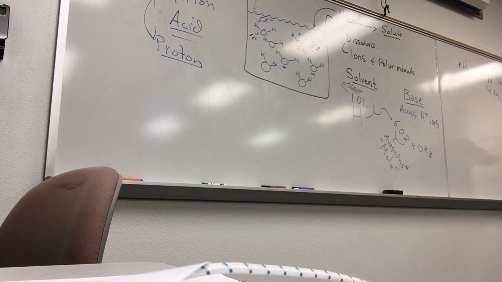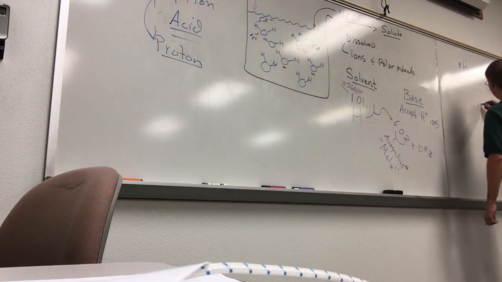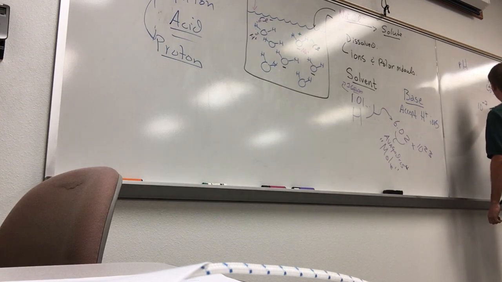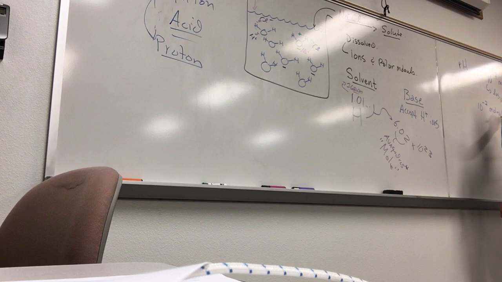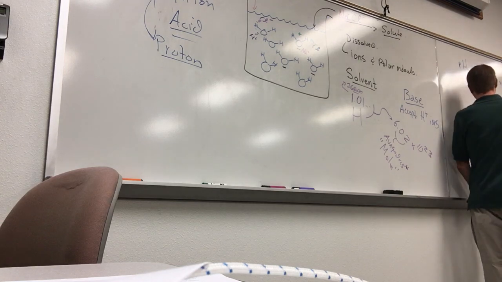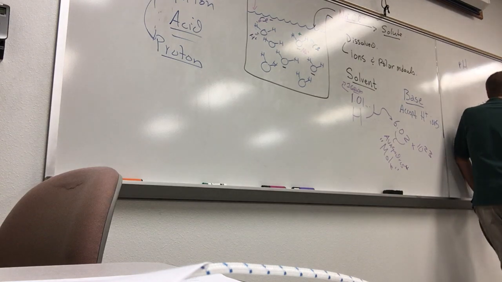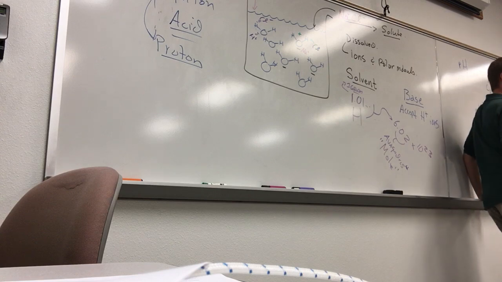So what I do is, whatever my concentration of hydrogen ions per liter is, say 10 to the negative 7 moles per liter, I take the negative logarithm base 10, not the log base 10, but the negative log base 10.